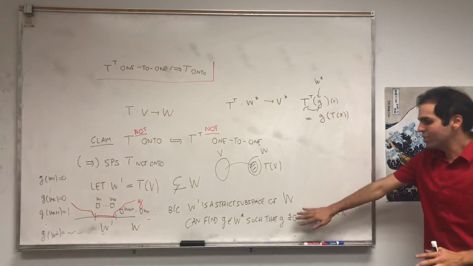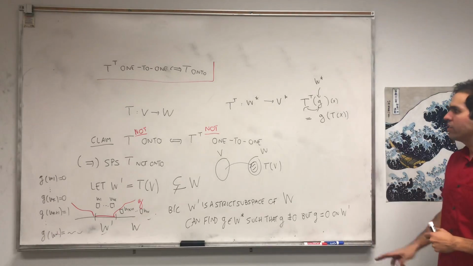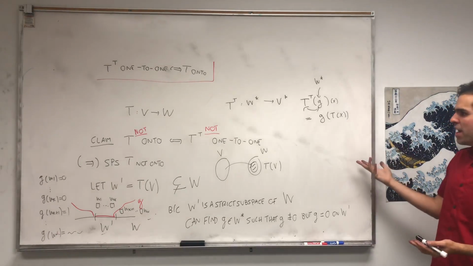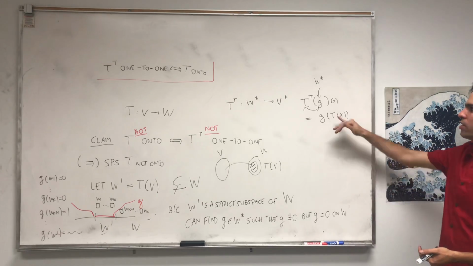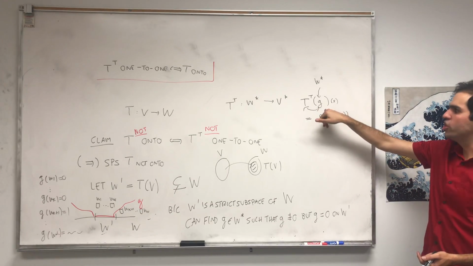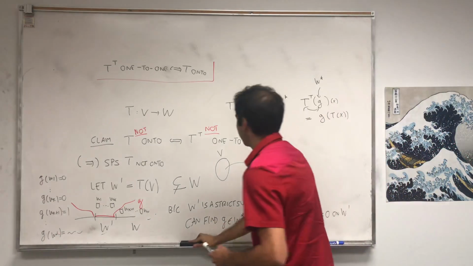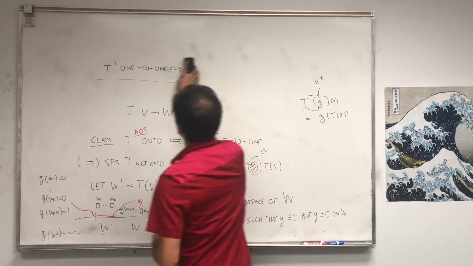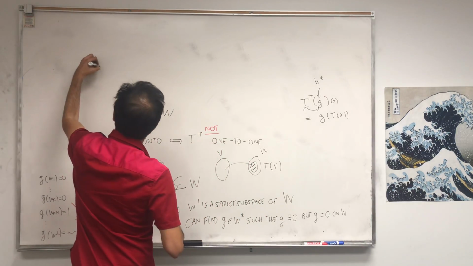All right, good. So we have a non-zero functional such that G equals 0 on W prime, and I'm claiming this G makes T transpose not 1 to 1. In other words, with this G, we have T transpose G equals 0. So then, let's see.